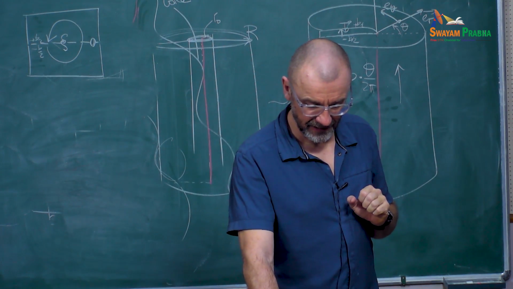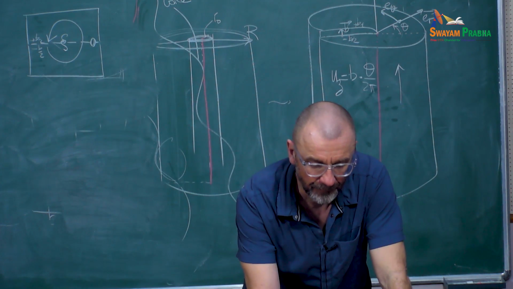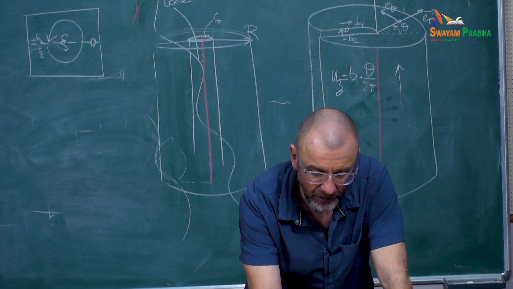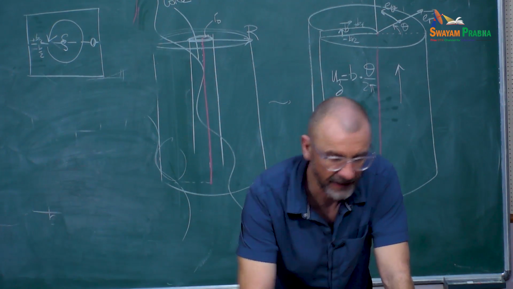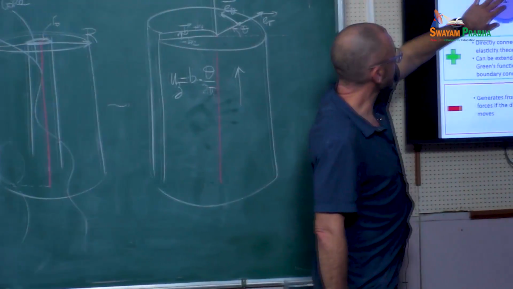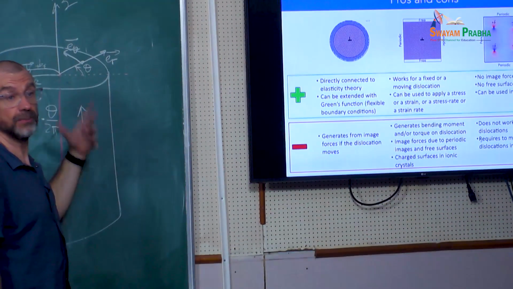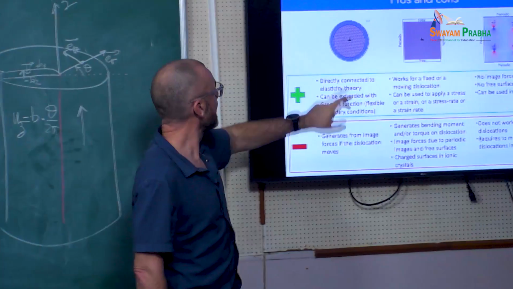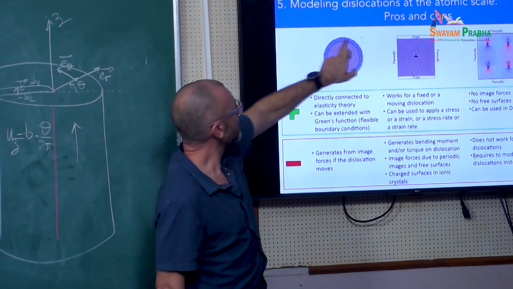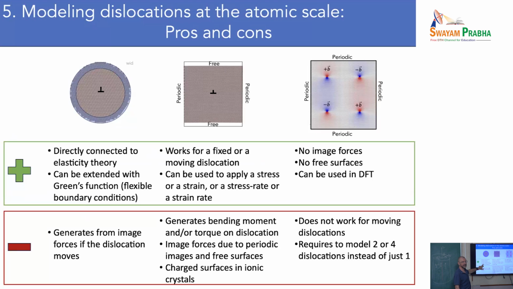And I think I had this, and then we're going to finish on that. Just to say that, as I said, they all have their pros and cons. For this one here, the pro is that it's directly connected to elasticity theory to compute a core energy, for example. Then you can somehow relax the fixed boundary conditions a little using Green's function.